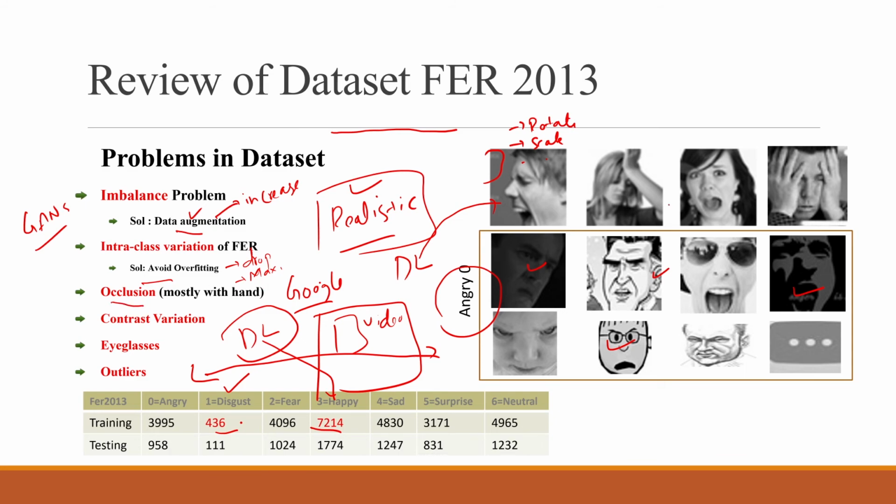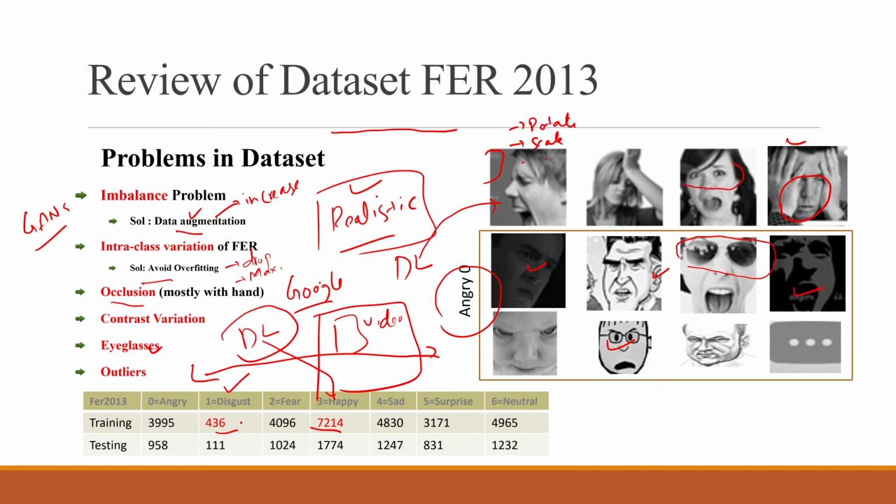Similarly, there is an occlusion problem. I'm just explaining how complex this data set is. One of the problems is occlusion. So this guy has covered his face with his hands, right? So it's very hard to identify the facial expressions. Similarly, we have eyeglasses, such as this girl who has covered her eyes with eyeglasses.